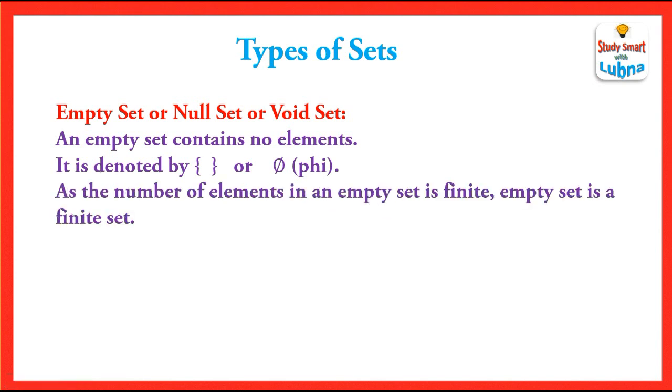As the number of elements in an empty set is finite, means no element, an empty set is a finite set. For example, this is an example of set A, that is an empty set. Similarly, set B is also an empty set, and an empty set is represented by empty curly braces or the phi sign.